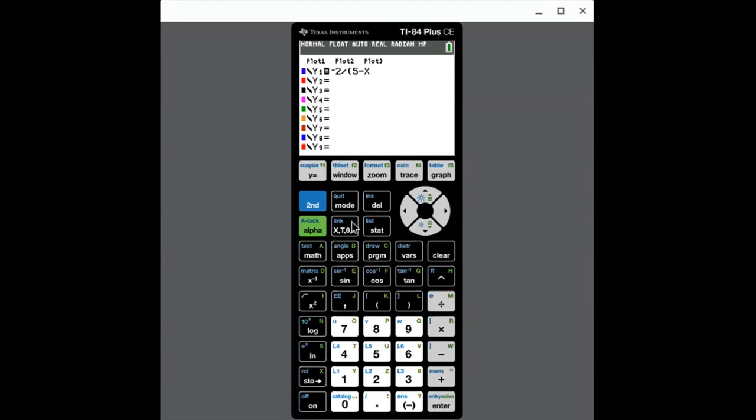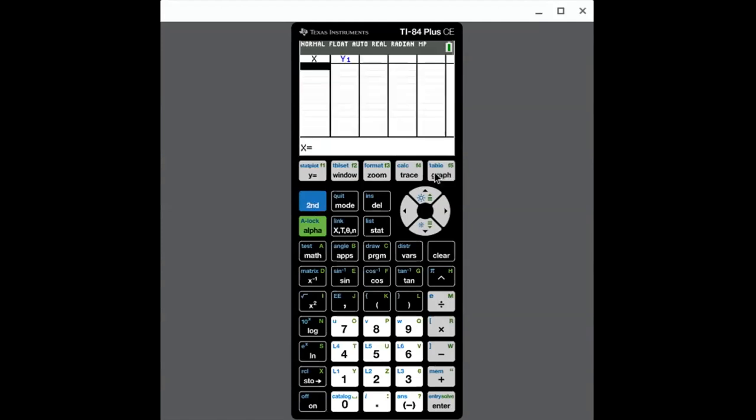There's my expression, right? Now I'm going to go to second table set, and set the independent variable on ask. That's going to let me plug in the x's. So second table now, and see how my table's linked?